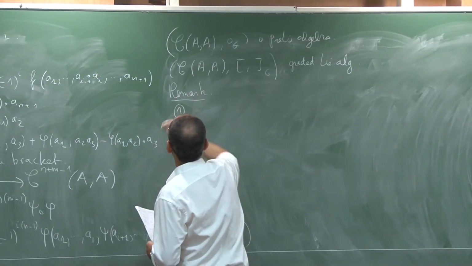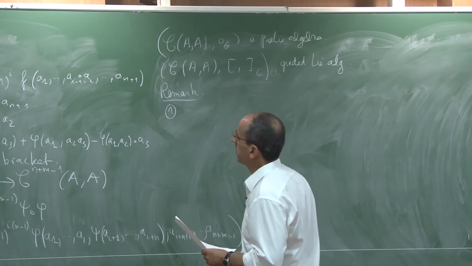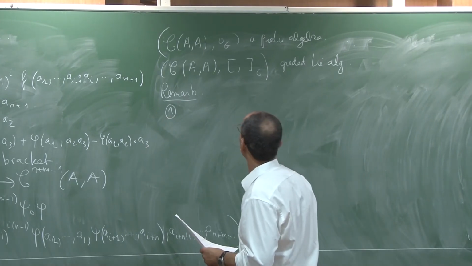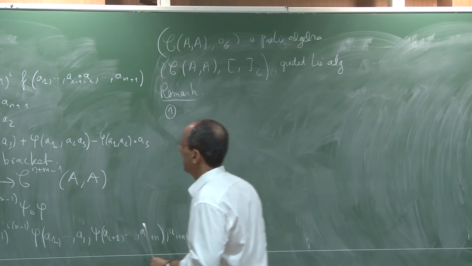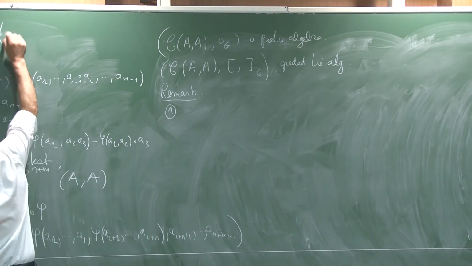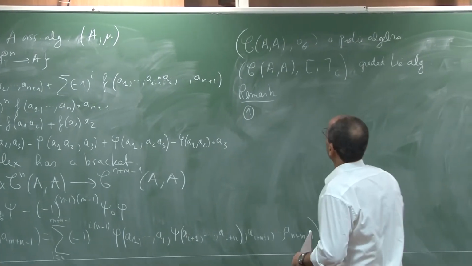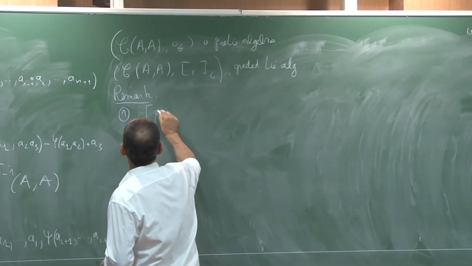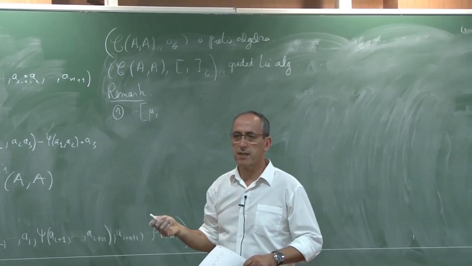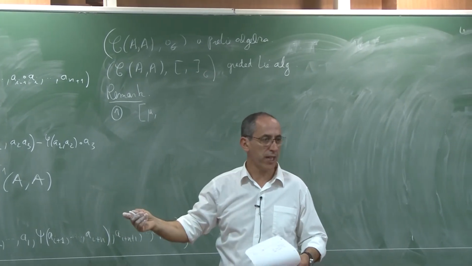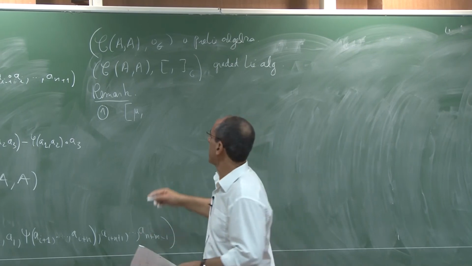The first: what happens if, let's say, the algebra is defined by the multiplication mu? What happens if I take mu? Because mu is a bilinear map, it's a 2-cochain. Then what happens?